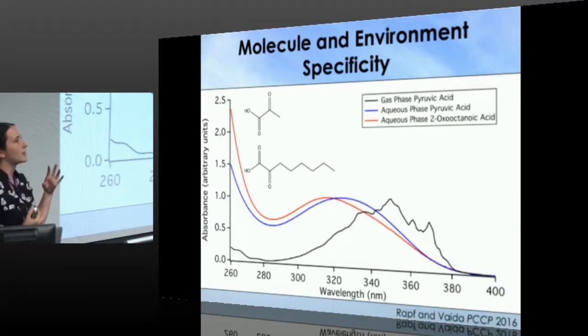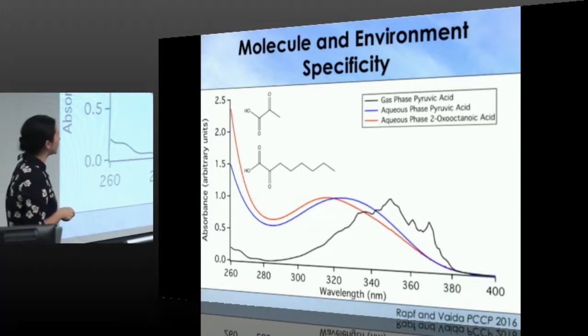So where these electronic states are lying really does change depending on whether it's a gas phase species or an aqueous phase species. But if we use this longer-tailed alkyl oxoacid, 2-OA, it really hasn't changed much from the aqueous phase pyruvic acid. So the alkyl tail isn't changing much of the electronic structure here.